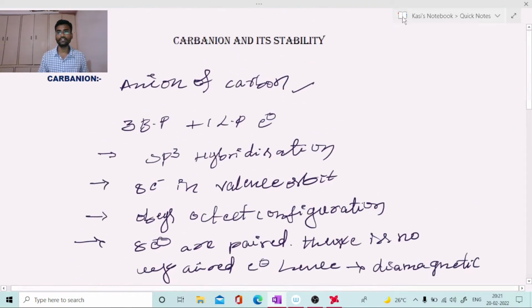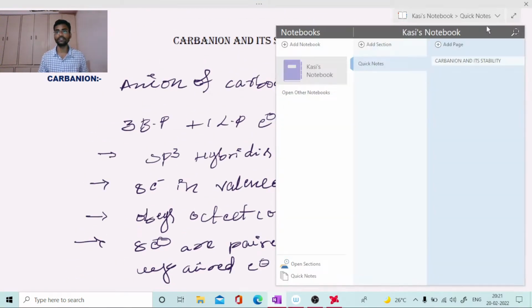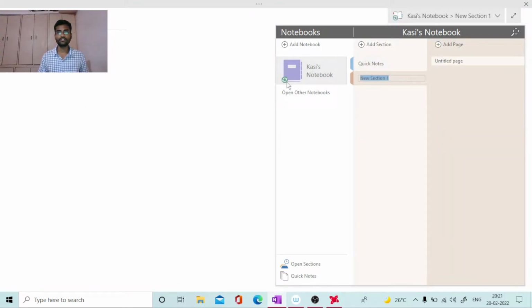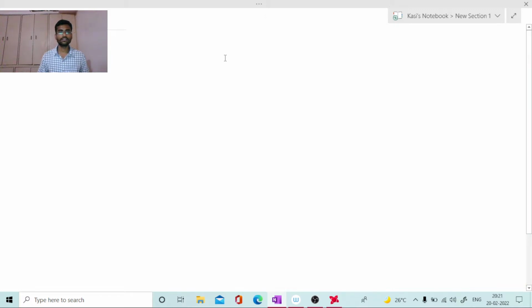Now we are going to discuss the stability of carbon anion. The stability of carbon anion depends on the following factors.